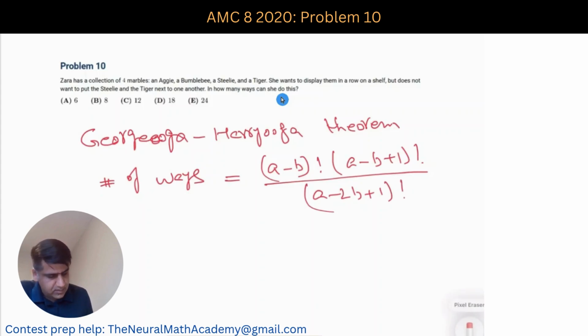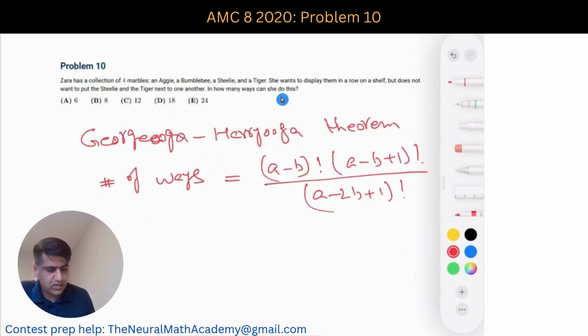So here A represents the distinct objects.